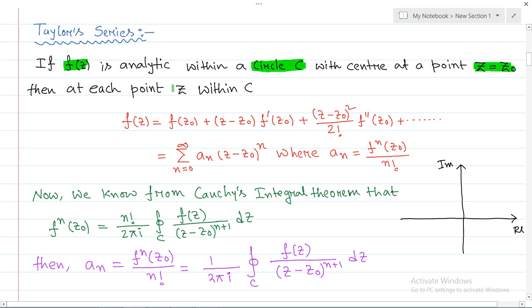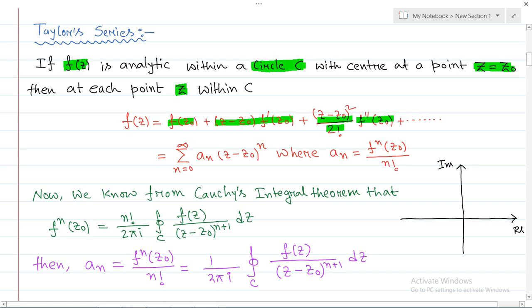Then for each point z inside the circle, the function f of z can be expressed in the form of an infinite series. What is the expansion? f of z equals f of z0 plus (z minus z0) into f dash of z0, that is the first order derivative of f. Thereafter (z minus z0) whole square divided by 2 factorial into f double dash of z0.